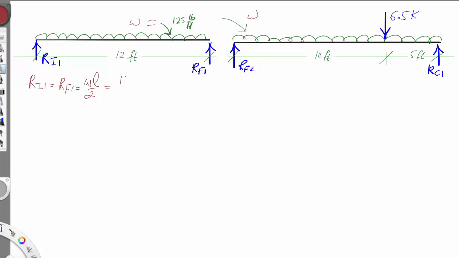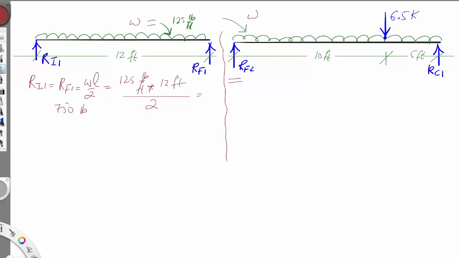So it is equal to 125 pounds per foot multiplied by 12 feet divided by 2, which is equal to 750 pounds. Now for this side, it is a combined case of two loads.